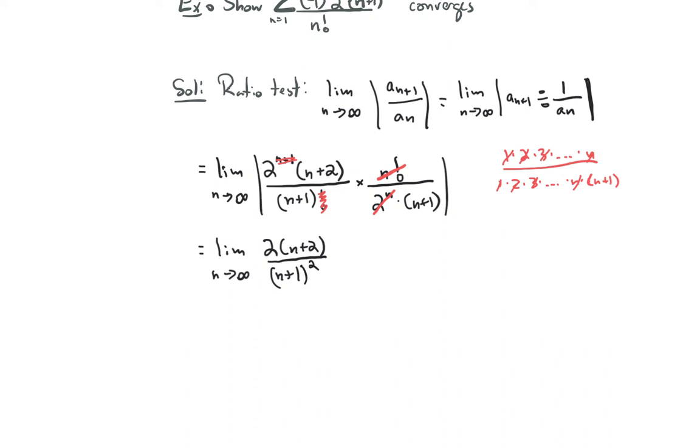And now we can use our ideas of limits, and we just have a polynomial left. Up top, the leading term has degree 1, it's just n. The bottom, the leading term is going to have degree 2, it's going to be n squared if we multiplied this out. So I know that since the degree of the bottom is bigger than the degree of the top, the limit here is going to be 0. And 0 is indeed less than 1. So that tells us that our series converges.